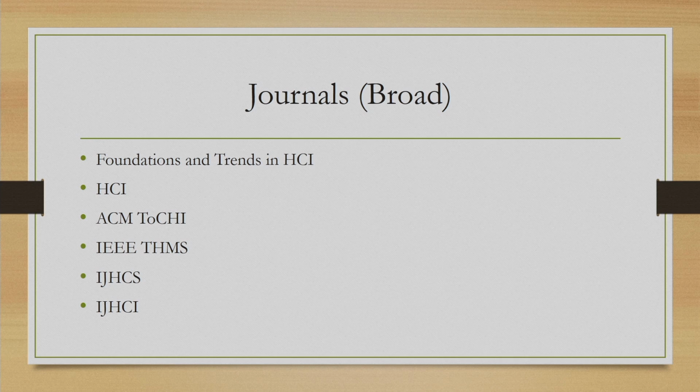So, people from different areas publish in these conferences or journals, and those are read by people with interdisciplinary background. Same is applicable for the journals. Now, there are some journals which are broad in scope, like those conferences I mentioned.